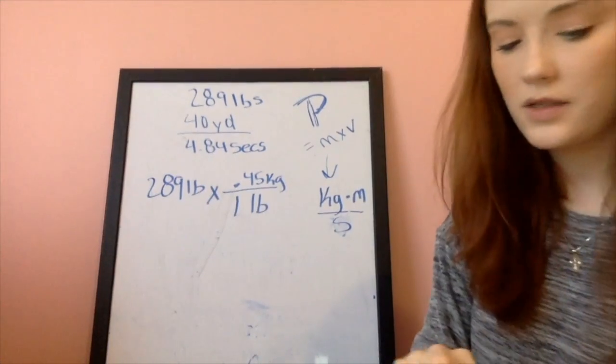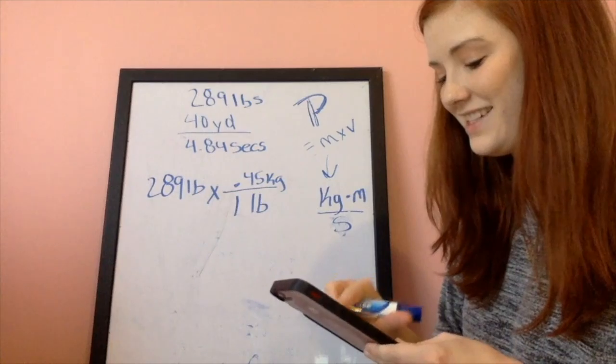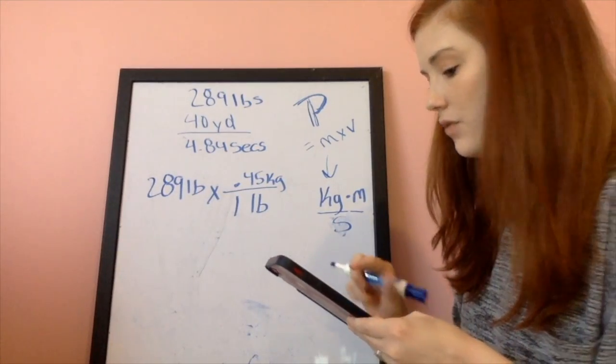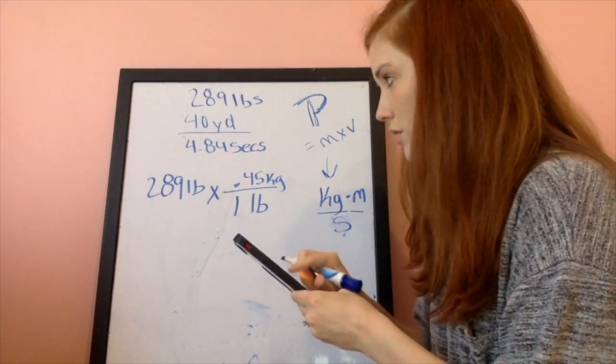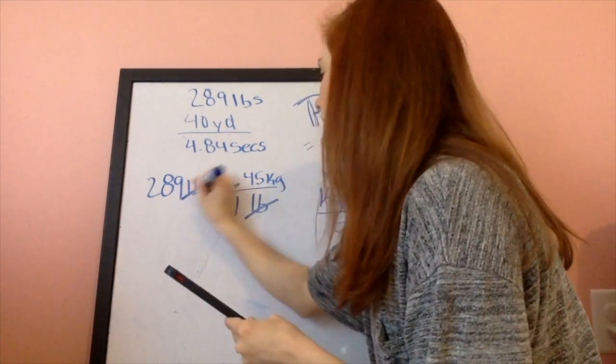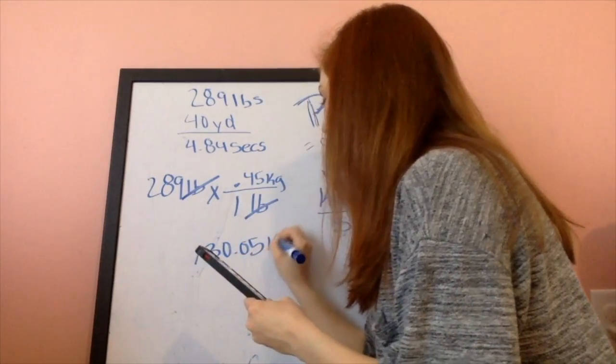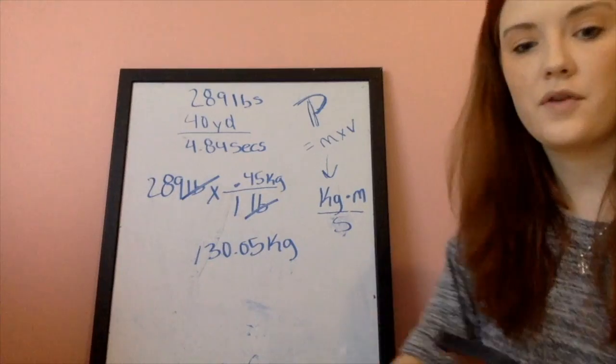So when we do that, 289 times 0.45, that's going to equal, I'm just making sure I double check my work. Okay, so the pounds is going to cancel out, and it would equal 130.05 kilograms. All right, so we have that part of our problem done.